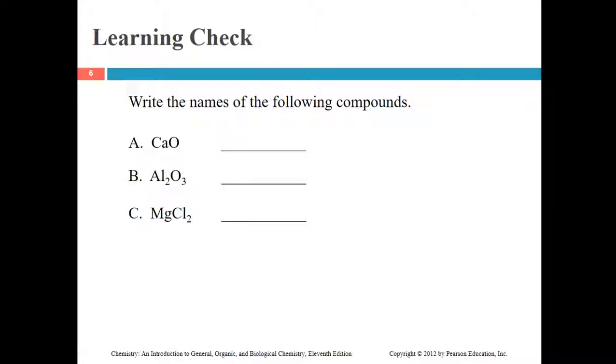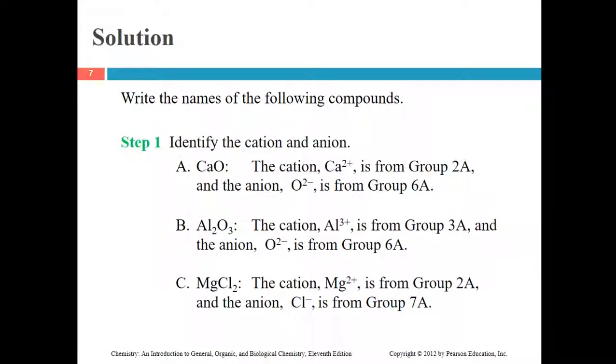Press pause and see if you can write the names of the following compounds. We're going to identify the cation and anion first. Our calcium, our Ca, is the metal. Our O, we know by now, is oxygen, and we change the ending to -ide. And our Al and our Mg, our O and the Cl.